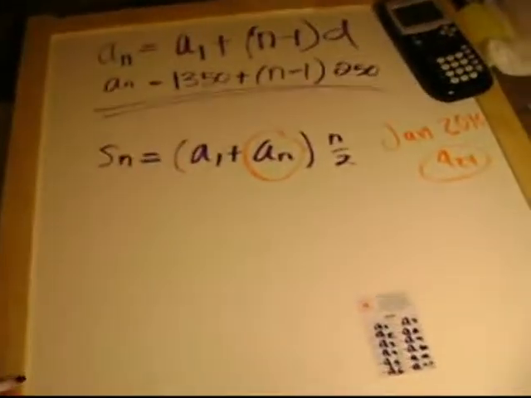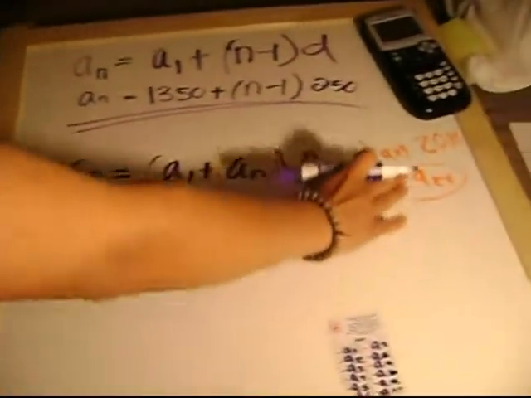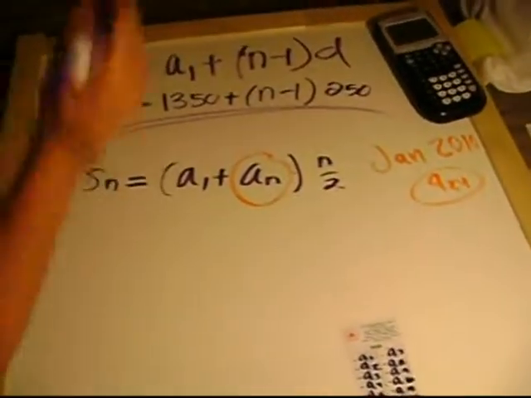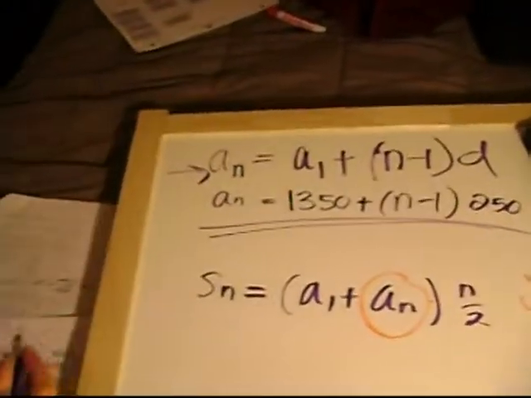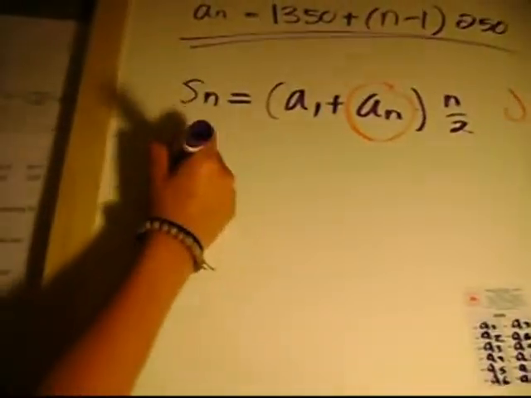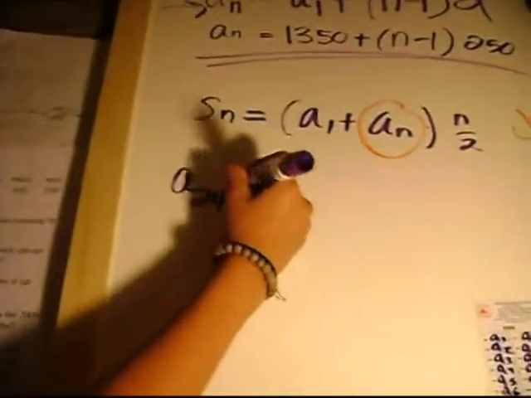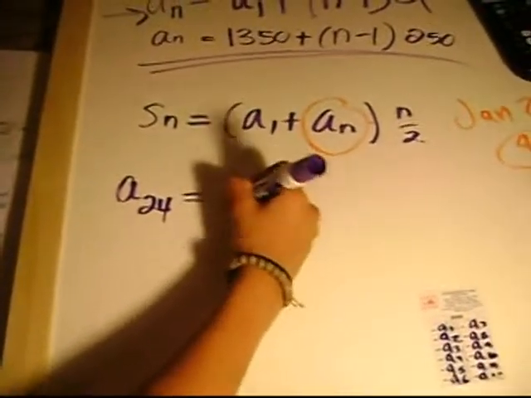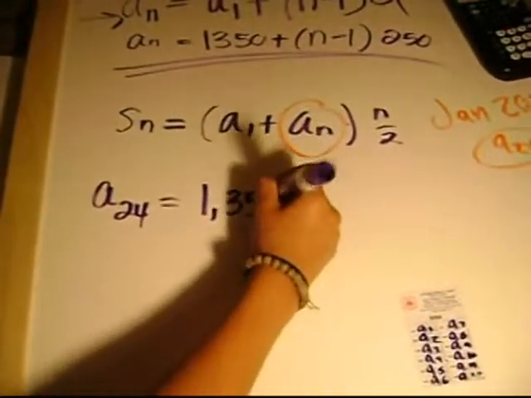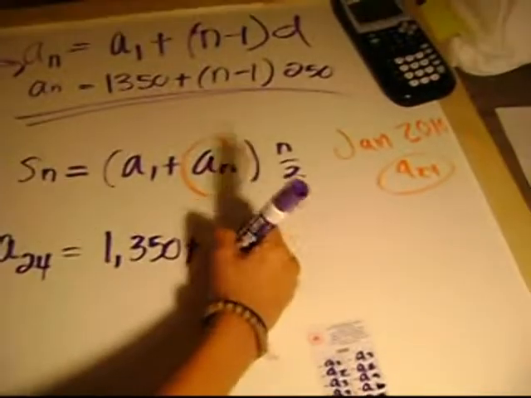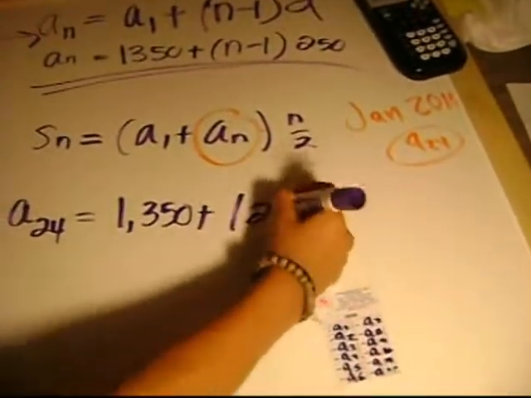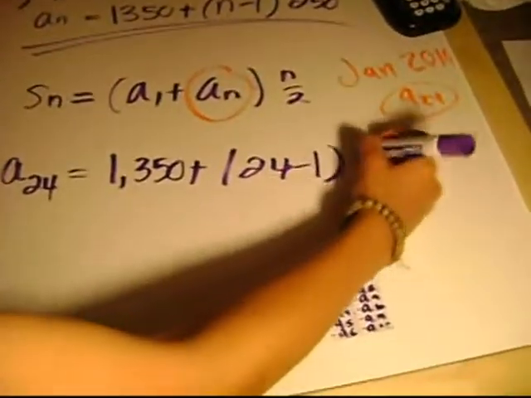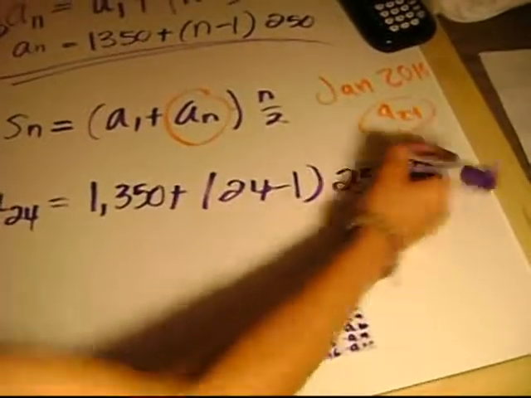According to Super Mathematician's advice, we need to use A24 and plug it into our original equation. So you just plug in. Our first term is 1,350. Our nth term is 24. We subtract 1, and our common difference is 250.